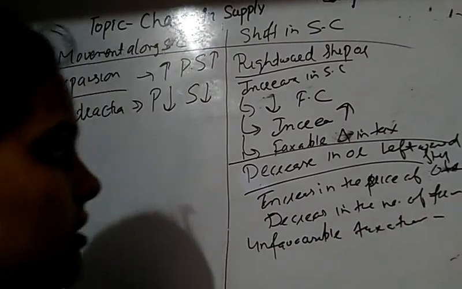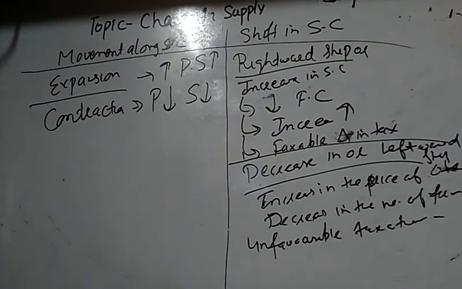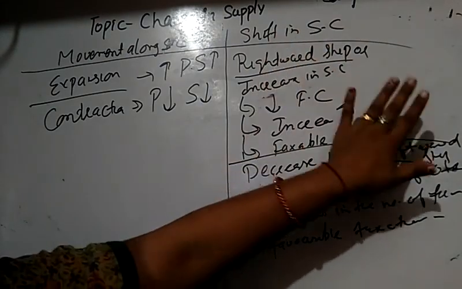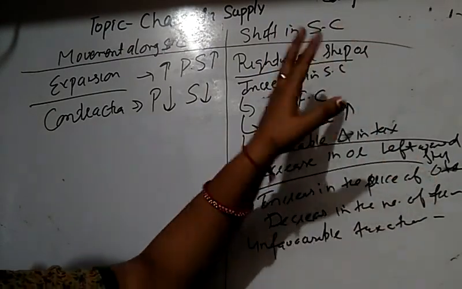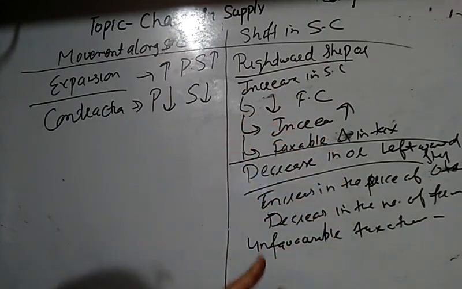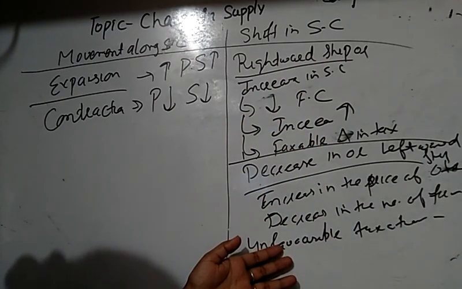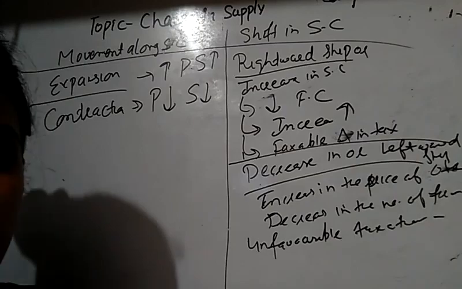So these are the reasons that the supply curve shifts from its position, because there is no change in price, the price is constant, but the supply curve is shifted from its position. Clear, students?